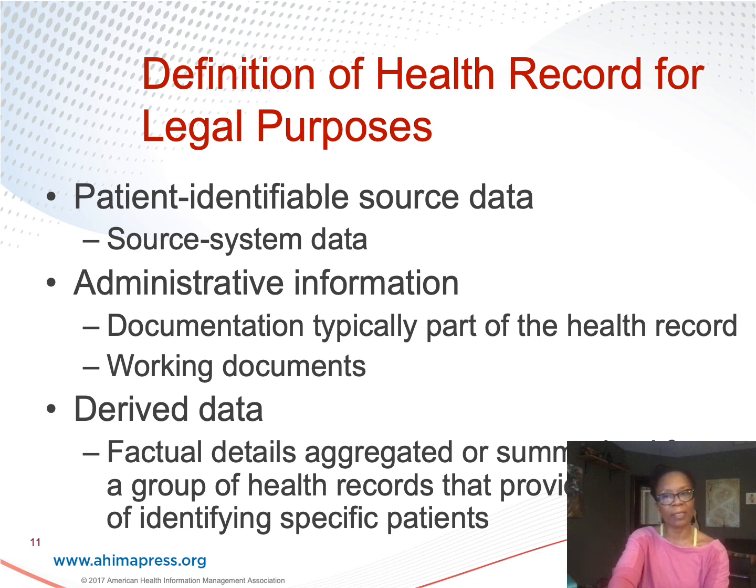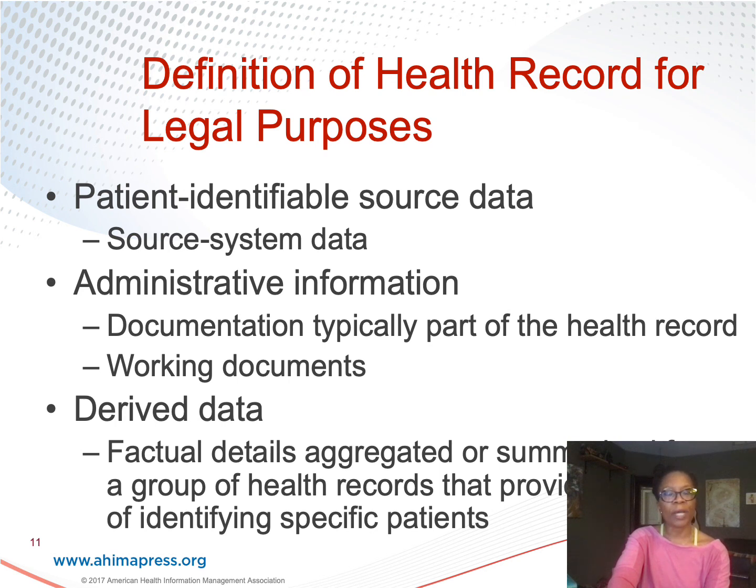Source system data are the data from which interpretations, summaries, and notes are derived. An example of source system data are radiology films or scans, laboratory values, pathology slides, videos, and audio recordings.